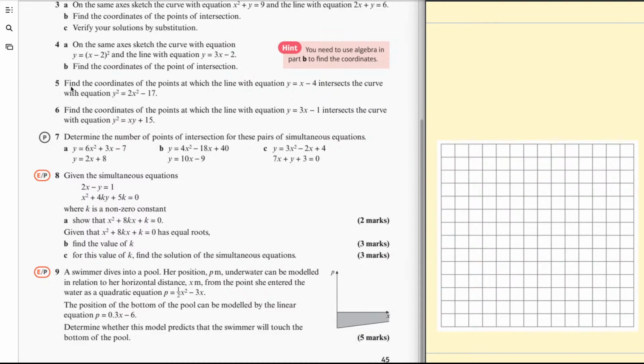Okay, so question 5. What do you think this graph is going to look like? Anyways, we have the equations y equals x take 4 and y squared equals 2x squared take 17.